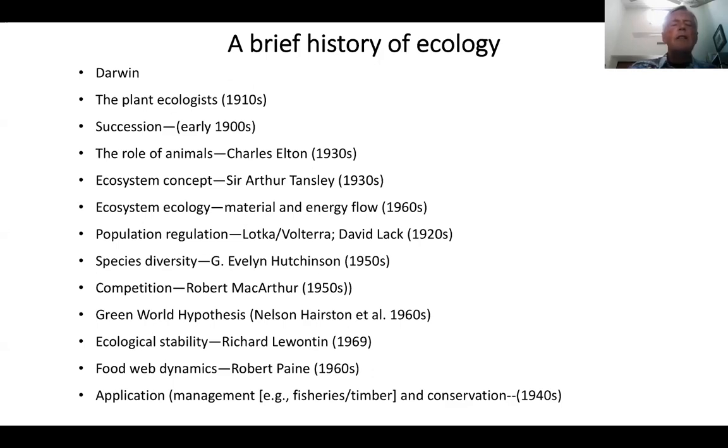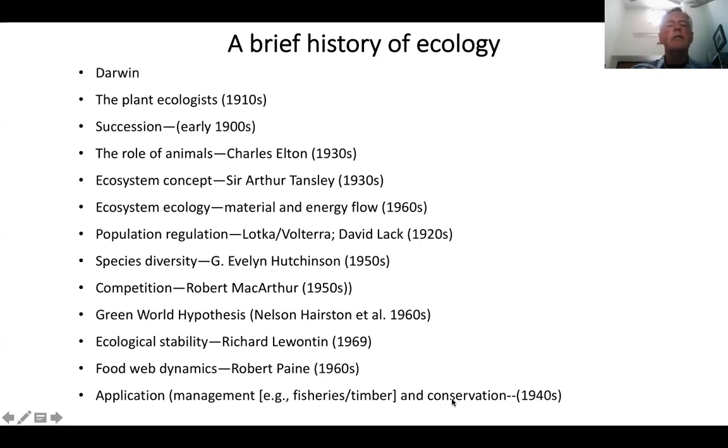And then really the last element of the development of the history of ecology is application of ecology to human problems and human needs. And most of this application has to do with management, timber management, fisheries management, using ecological principles to allow nature to serve people and to sustain nature. That's what management is all about. And conservation, which came in later.